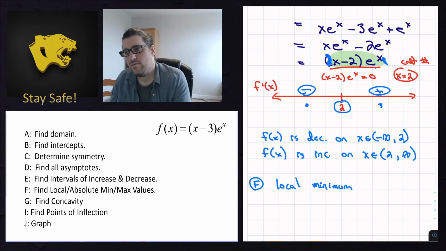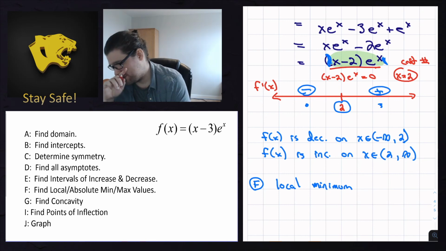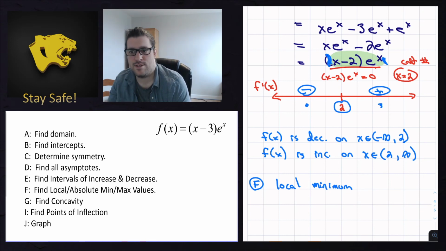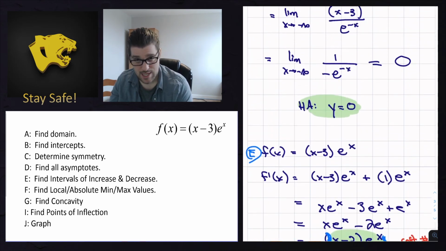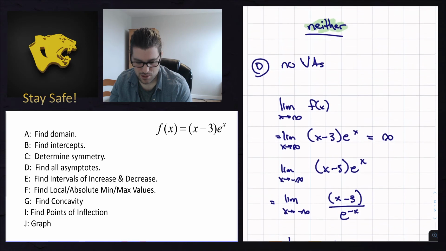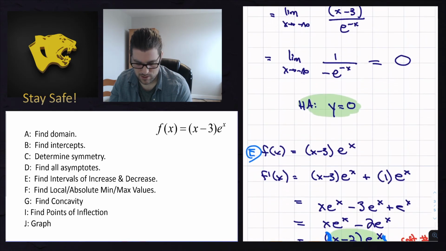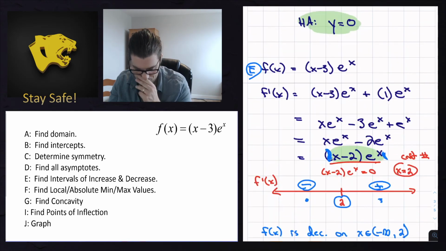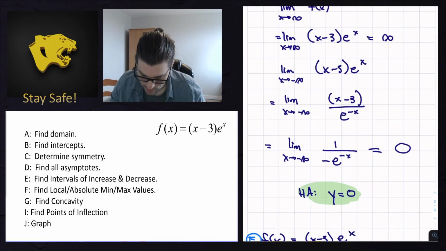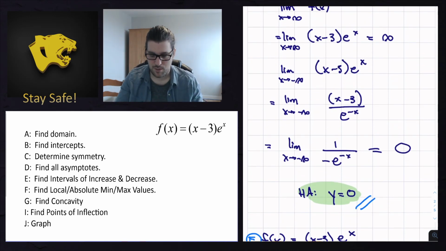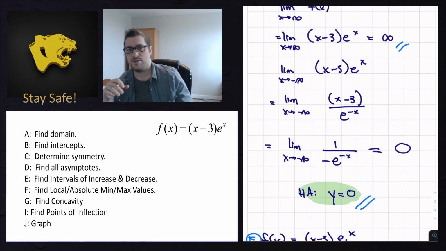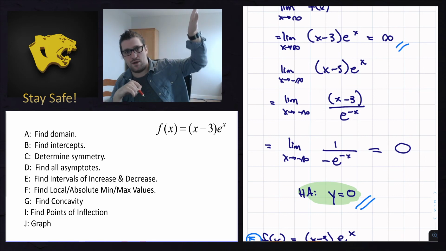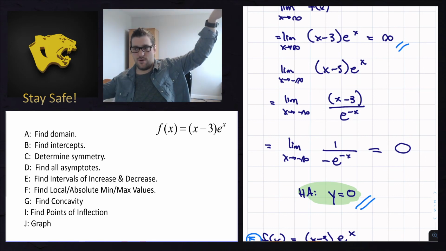Now, is this thing going to be an absolute minimum? Well, that depends a lot on how this function behaves. Out towards the ends, we have actually already shown when we were doing the horizontal asymptote work that this thing is approaching positive infinity on one end, so it's just going up and up and up, and it approaches 0 on the other end.